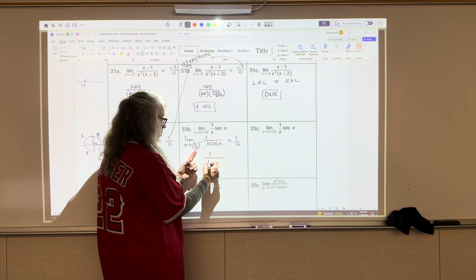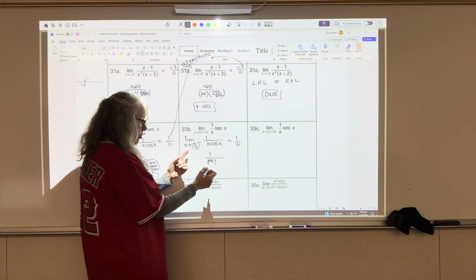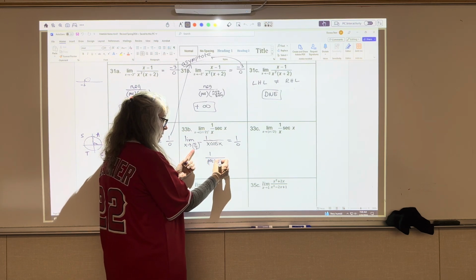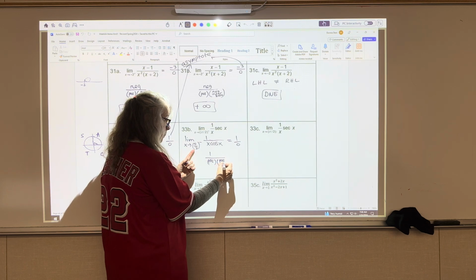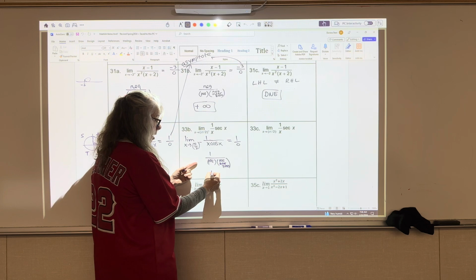It's a positive value. And when I do the cosine of it, I'm in the first quadrant, where cosine is positive, so it's positive, but near 0. And so this is positive infinity.